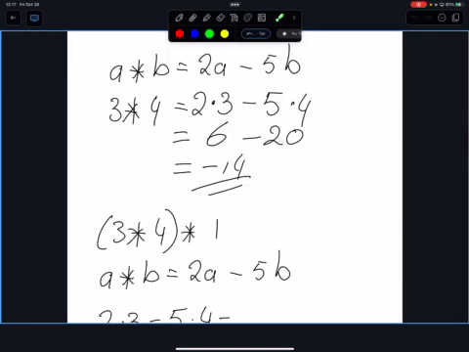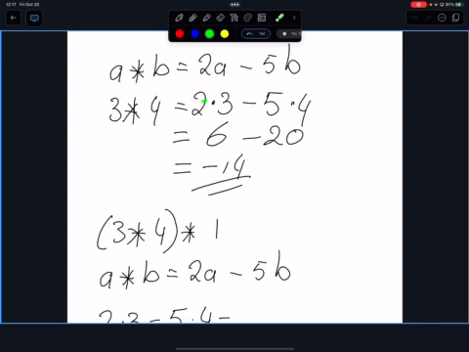The next question, 4.2. A asterisk B represents 2A subtract 5B. So if there is 3 asterisk 4, your A is represented by the 3 and the B is represented by the 4.